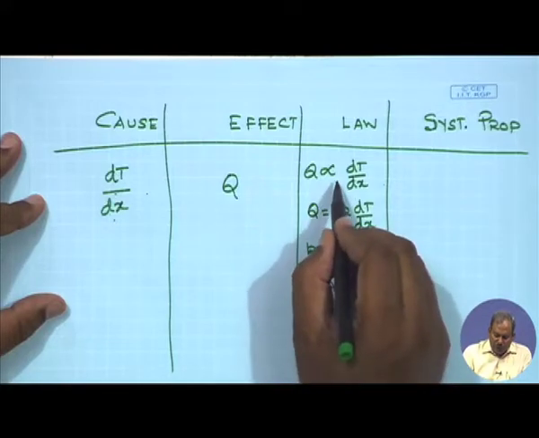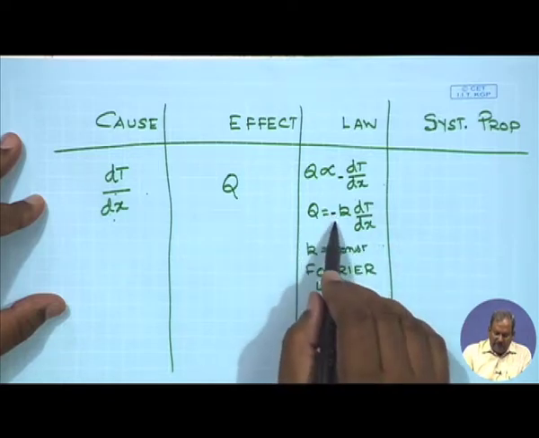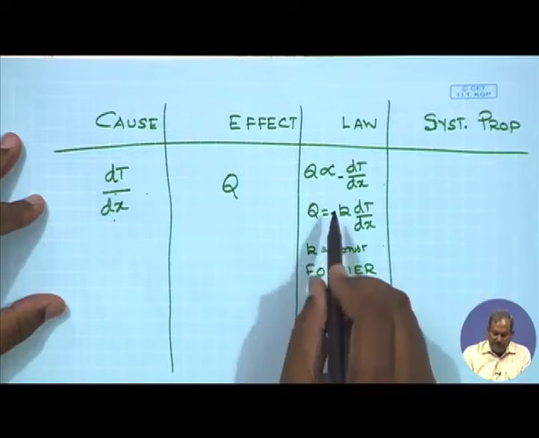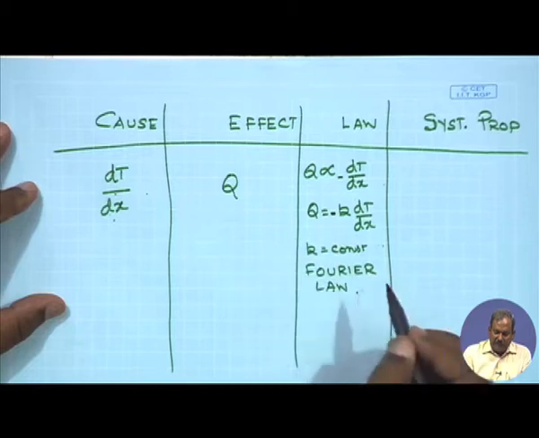We also have a minus sign in here denoting that heat always gets transported from higher temperature to lower temperature. So, this minus sign always comes in this type of equation.